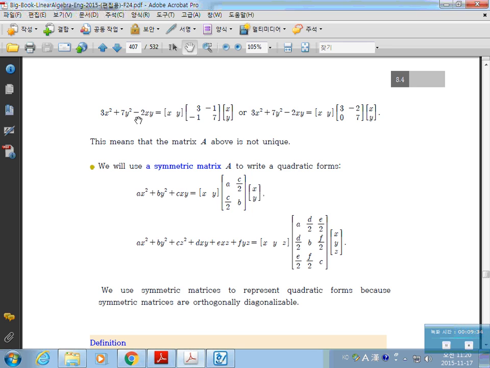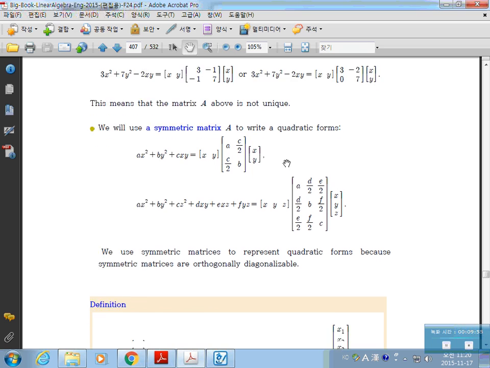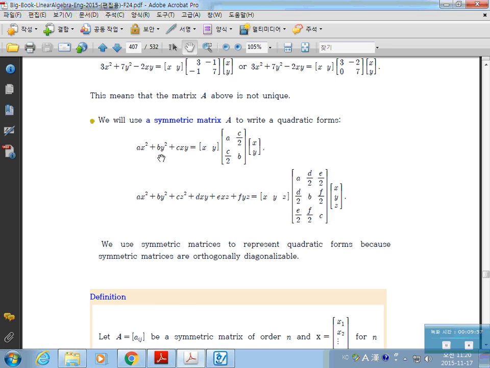And this minus 2 was split as minus 1 and minus 1 here, as a half. You can write this one in this form and you will have the same form. The matrix that you find may not be unique, but you can always write it in this way.